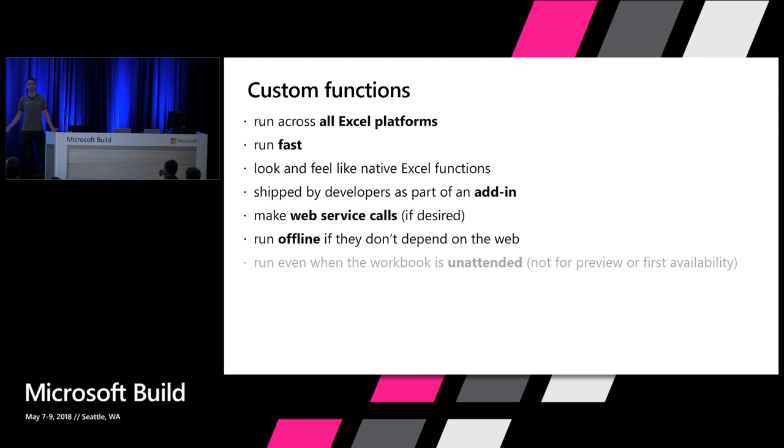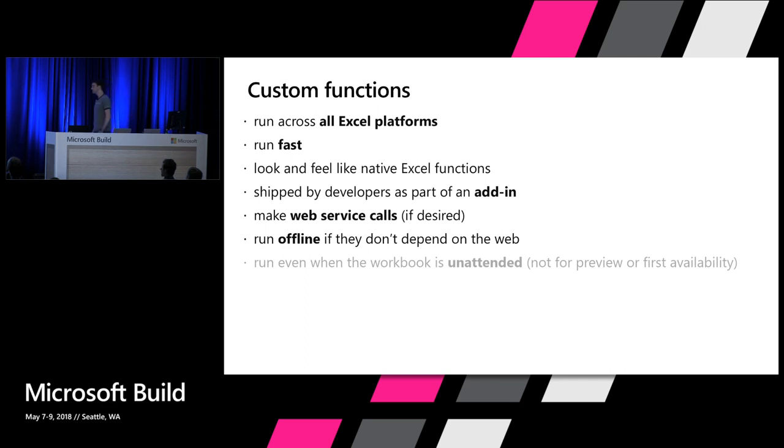They don't have to go configure a whole bunch of other services and flows to get the data. The user just types something and brings in data from the web. That's the key scenario that we've heard from people. And so we want to make that first class, and it's really easy to do with custom functions.